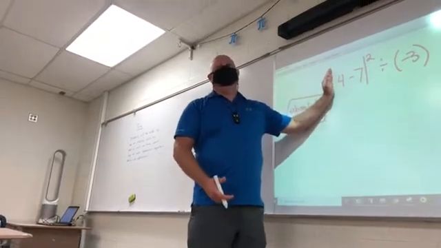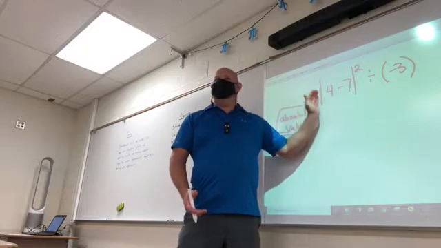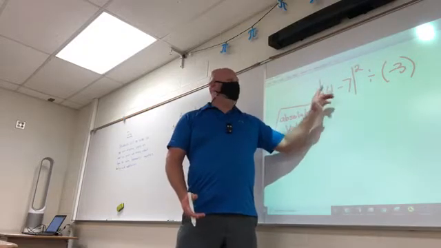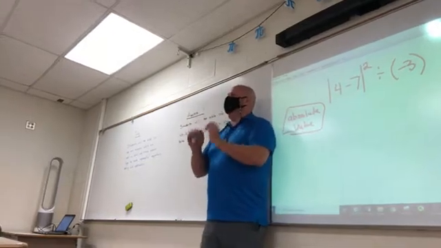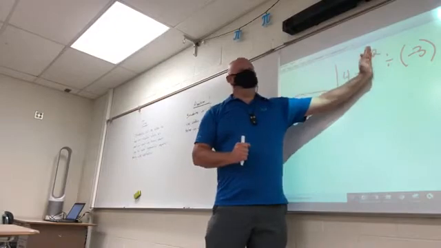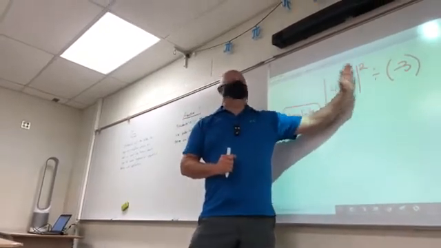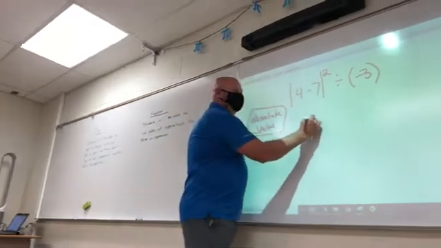But what we also have to do is treat them the same as regular parentheses. So do I have something inside of a set of parentheses here that I have to simplify first? Yes. These absolute values also work as parentheses. So I got negative 4 minus 7 is negative 3.